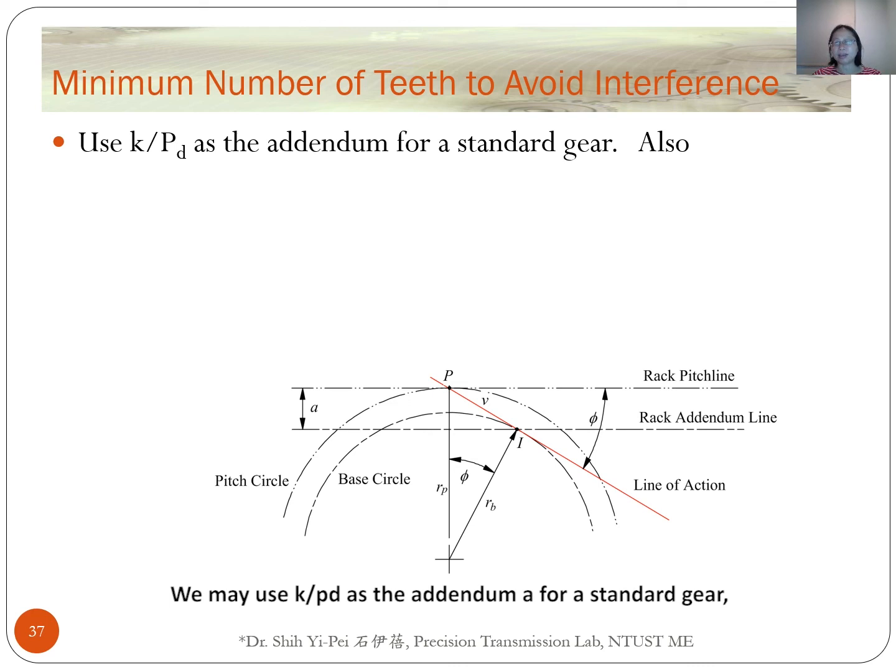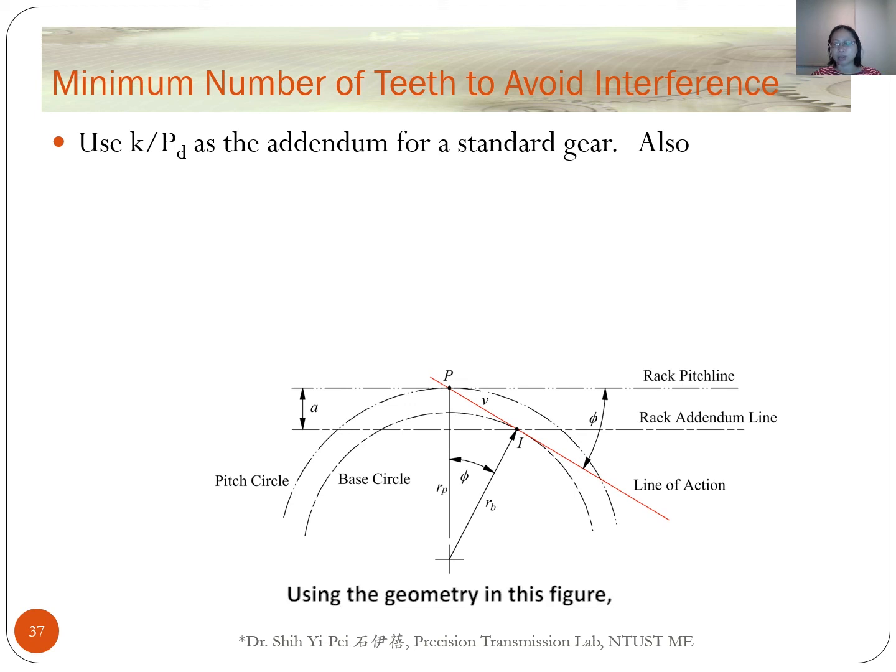We may use K over the diametral pitch as the addendum A for a standard gear, where K is a constant. K is equal to 1 for full depth gears and 0.8 for stub tooth gears. The minimal number of teeth to avoid interference can be determined by identifying where the addendum line of the rack cutter extends beyond the interference point I on the gear.